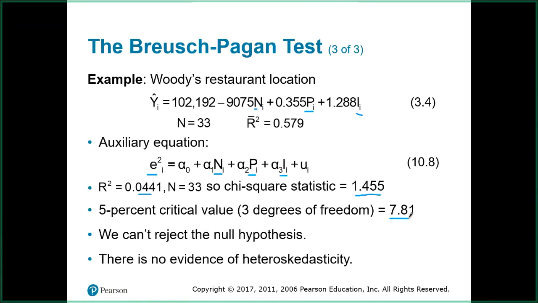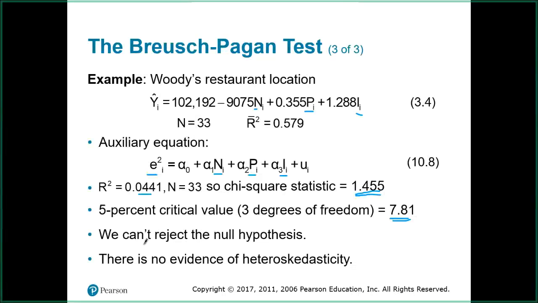In typical fashion, if your test value is below the critical value, you fail to reject the null. So this would be a situation, at least with Woody's Restaurants, that we can't reject the null hypothesis, which would mean we are not sure that there is heteroskedasticity.